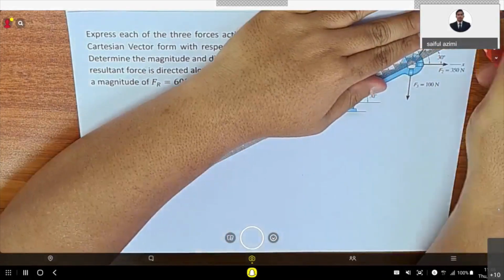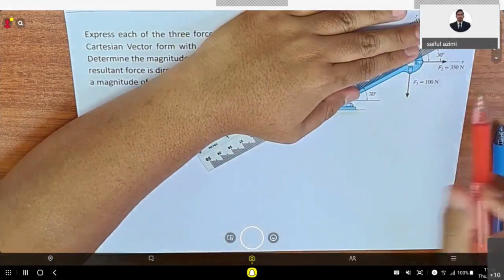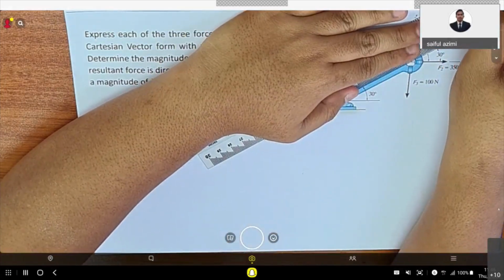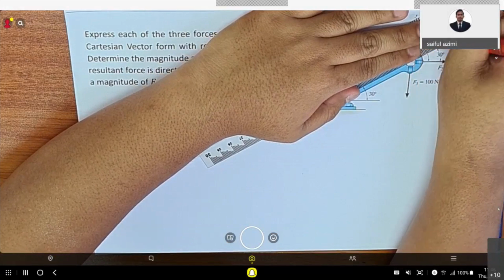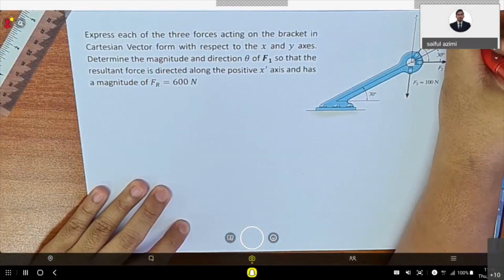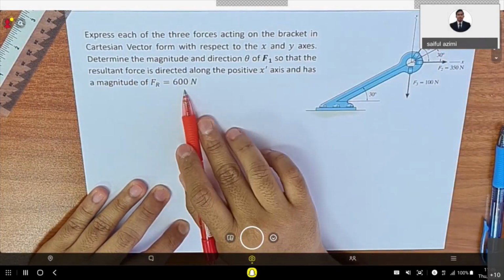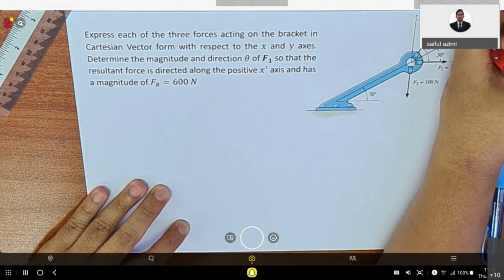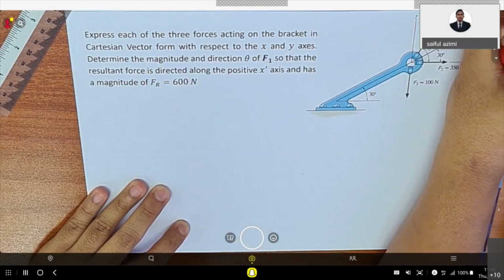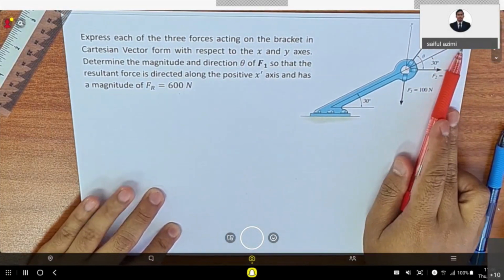It is directed along the x prime axis. So this is your FR, FR equal to 600 Newton.